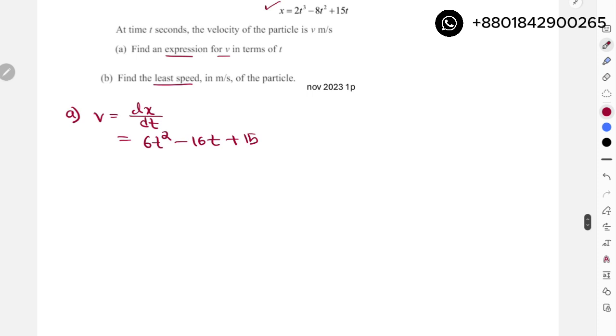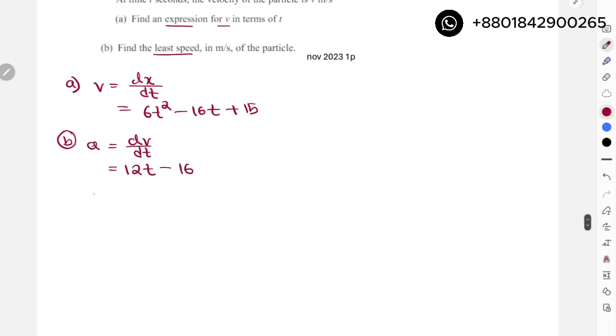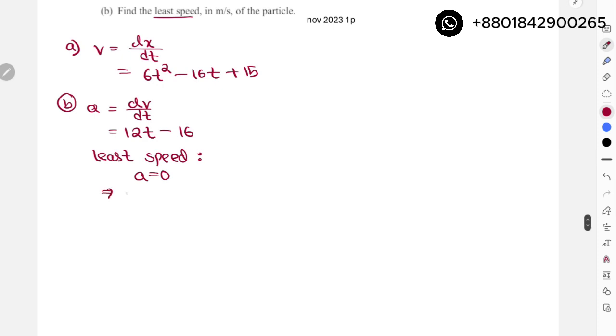First thing I have to calculate for part B is the acceleration, that is dv/dt, which is going to be 12t − 16, right? We know at least speed acceleration is 0. That means 12t − 16 = 0, so t will be 16/12, that is 4/3 seconds.